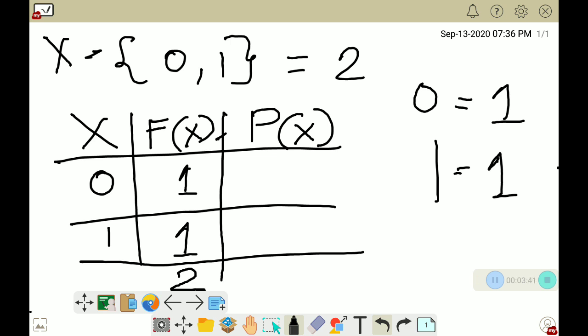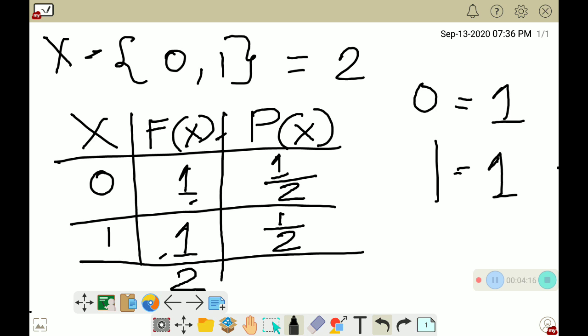So that will be 1, the frequency of 0, over 2. Same goes with random variable 1. The frequency of random variable 1 is 1 over the total frequency, that is 2, so 1 over 2.